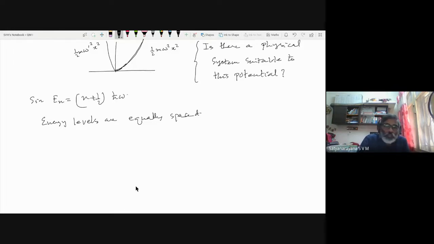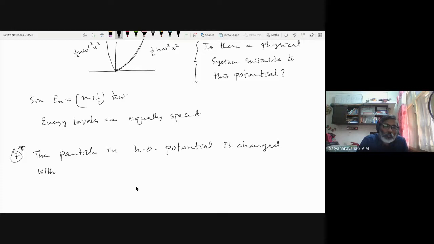So there is one more thing that I wanted to mention since we talked about the Lorentz model, etc. So let's say that we have the mass in a harmonic oscillator potential, or the particle in the harmonic oscillator potential is charged with the charge q.